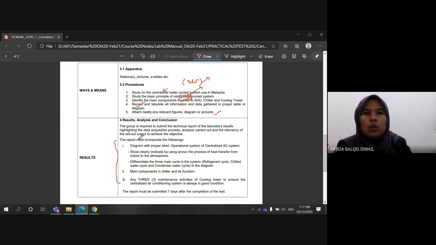So what needs to be included? As your result, you need to provide the diagram of the basic operation of the centralized aircon system.